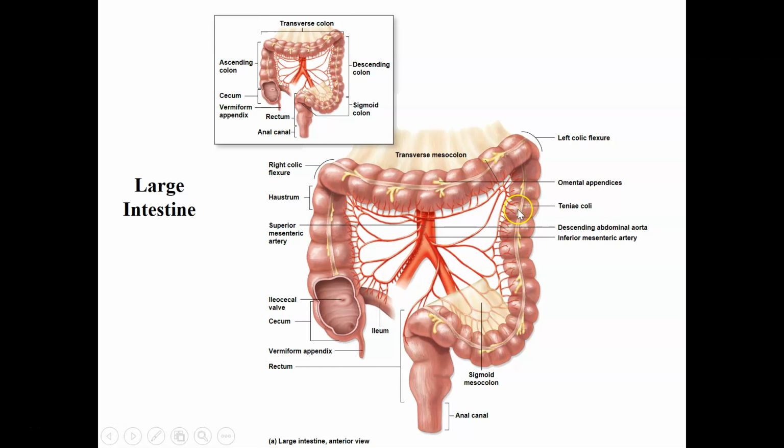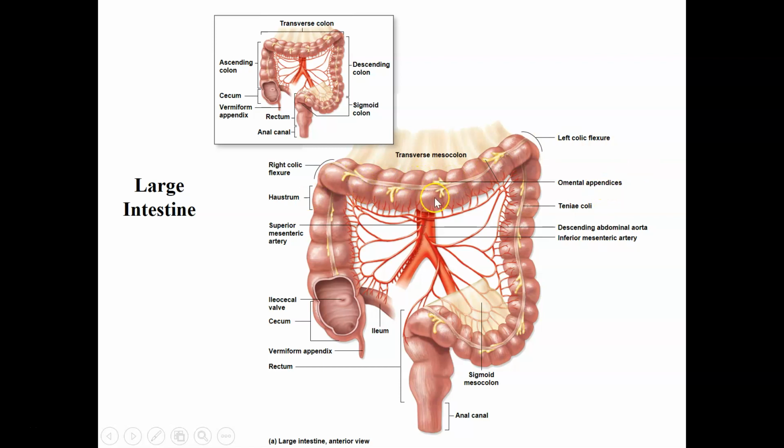The taeniae coli is due to the longitudinal layer of the muscularis. It's not continuous around the entire tube. It's confined to these 2 segments. And so it produces this bunching, and therefore the haustra.